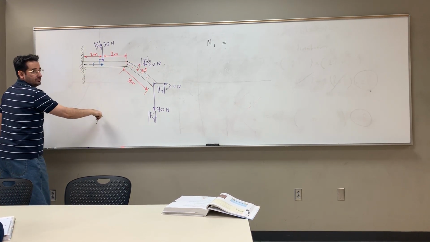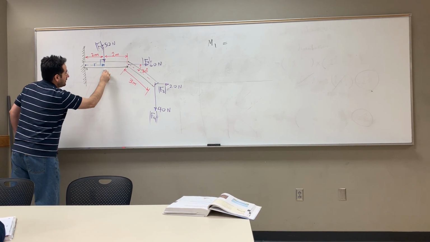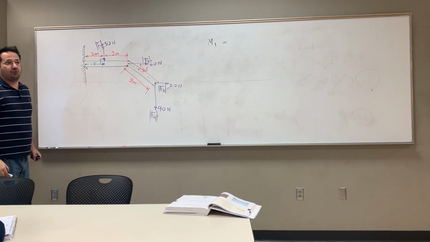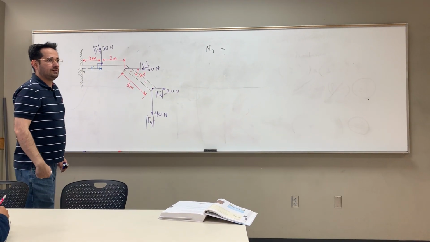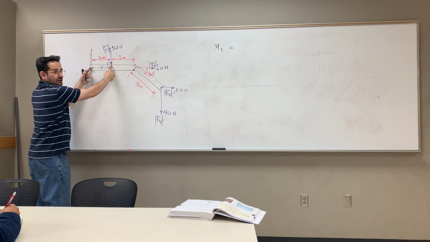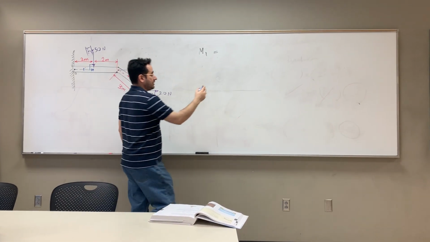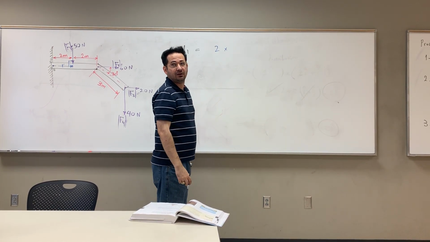We don't need to move it. But if this was here, you should have moved it right here to make it normal. So what's my moment arm? 2, from here to here, right? So very quickly I'll say moment arm 2 times the magnitude of the force.